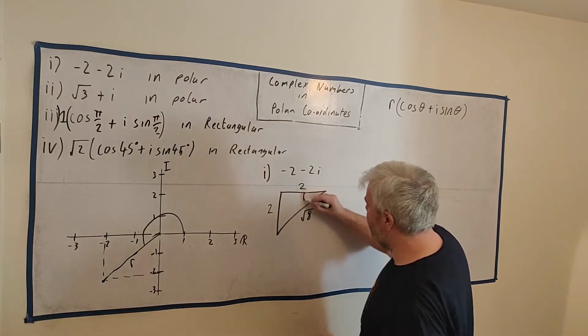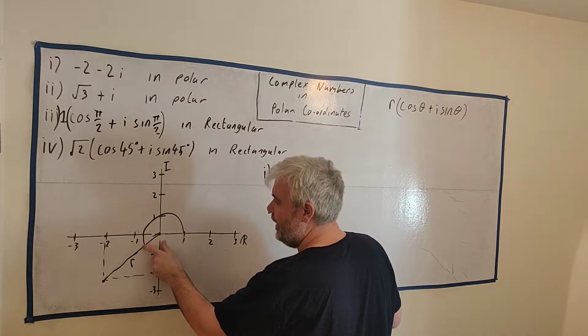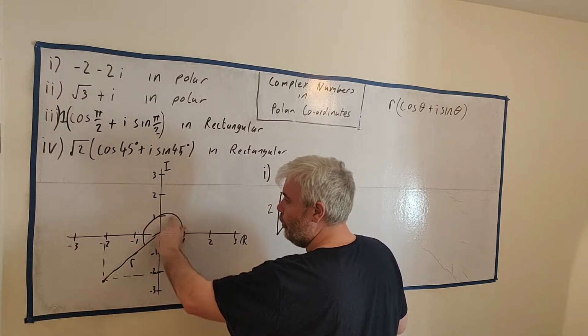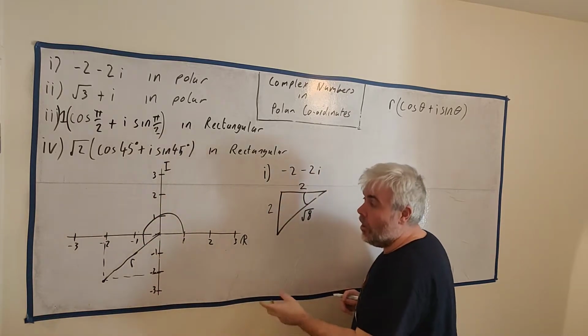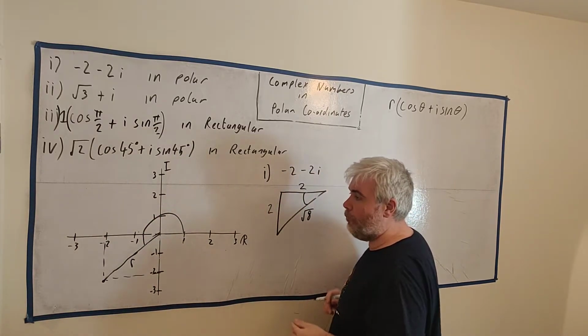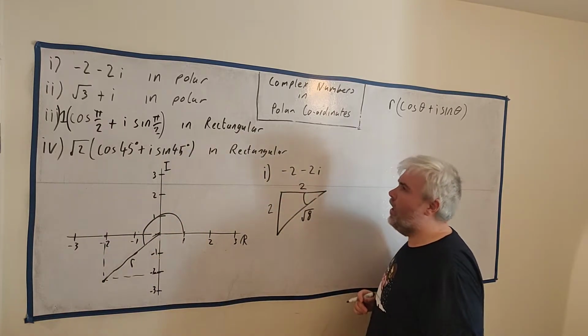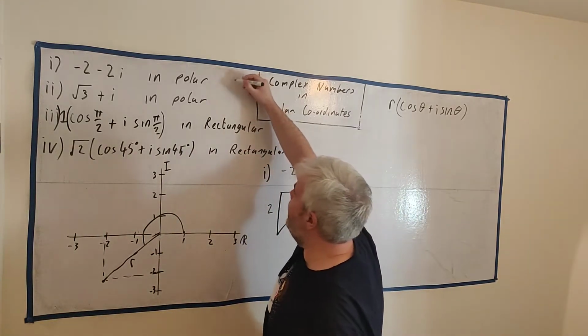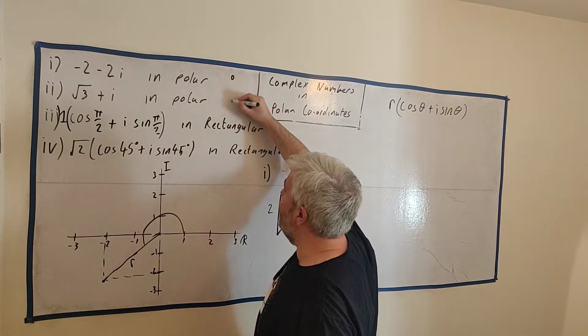Now, the other thing I need is this angle here. This is 180 plus another small bit. That's how I get this large angle. Or if we're using radians, this is pi plus a small angle. How about I do the first one in degrees and the second one in radians.